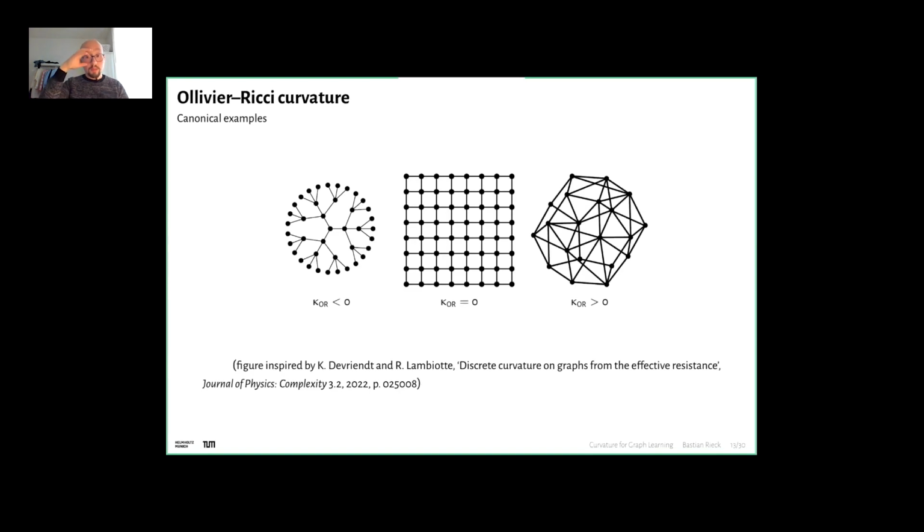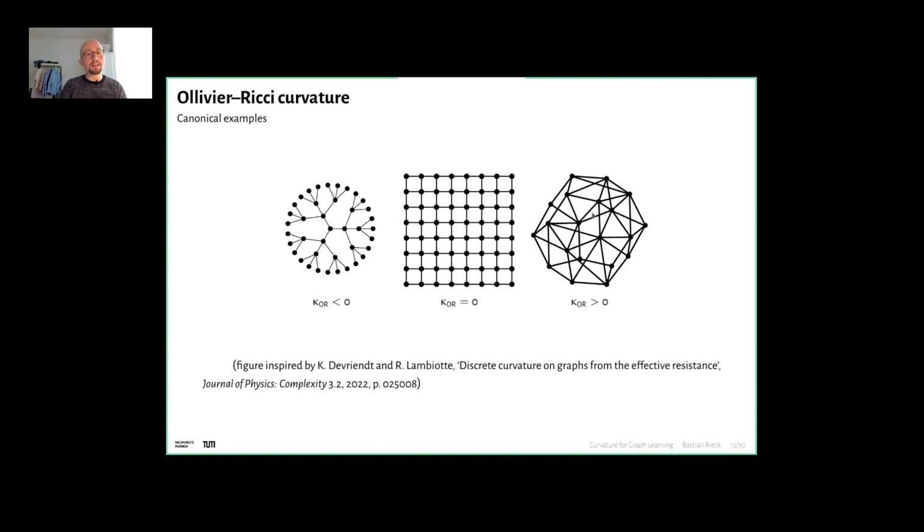Now, there are some canonical examples that I want to show you. I told you that the canonical model spaces still appear or reappear. In Ollivier-Ricci curvature, the hyperbolic space, the planar space and the spherical space become different graph examples. In our case, these are a tree, which represents the hyperbolic regime, a grid graph, which represents the planar regime, and a fully connected or clique graph.